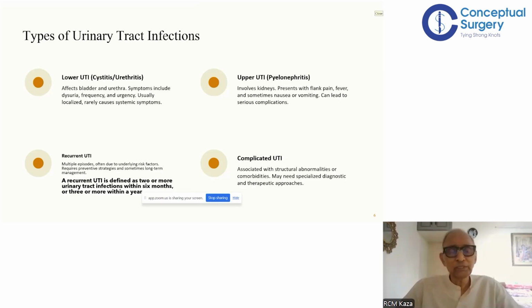So these will obviously require a long-term approach to the treating, and also will require a good search for any factors which we talked about earlier, or any defects that are producing this kind of infections. And in case of complicated urinary tract infections, you will definitely need specialized diagnostic procedures and also the therapeutic approaches, right? So remember these definitions while you are going through the remaining part of the lecture.